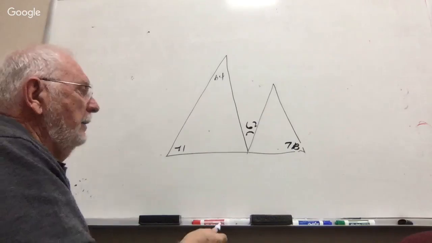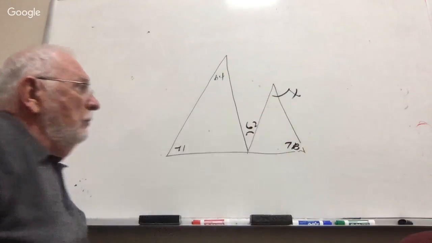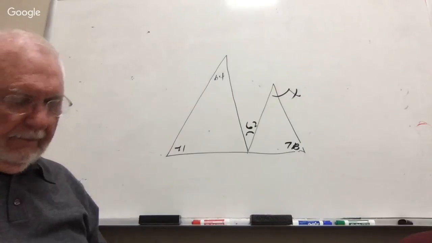Okay, well, the first thing I would do is finish off that first triangle. So we want to know what the measure of that is. So 180 minus 64 minus 71 is 45. So right there beside that 62, then we know that that whole line right there is going to be 180 also.